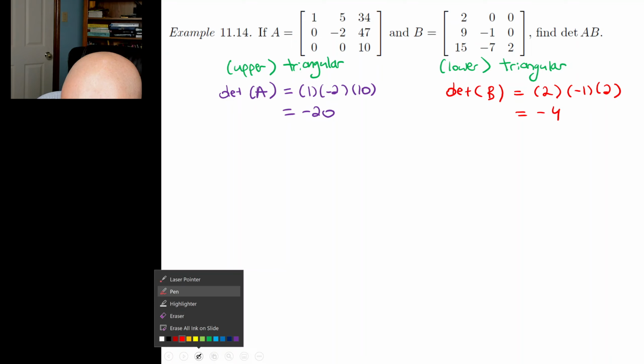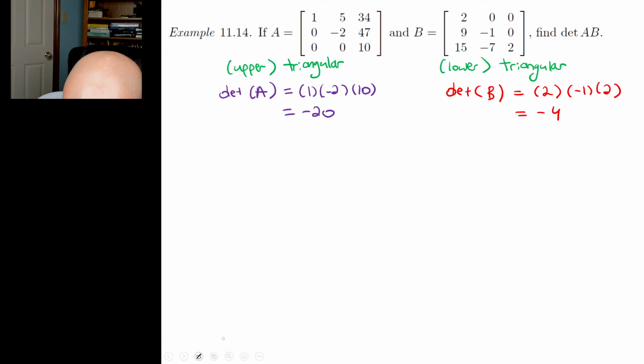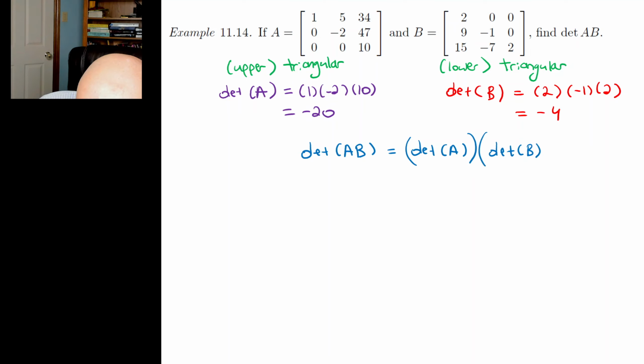And I will use the property: the determinant of A times B is equal to the determinant of A times the determinant of B, which is going to be those two numbers multiplied together. -20 times -4, which is 80.